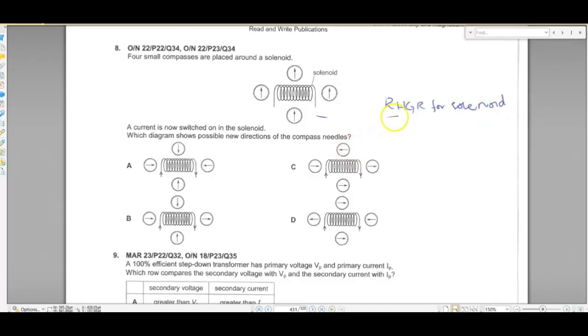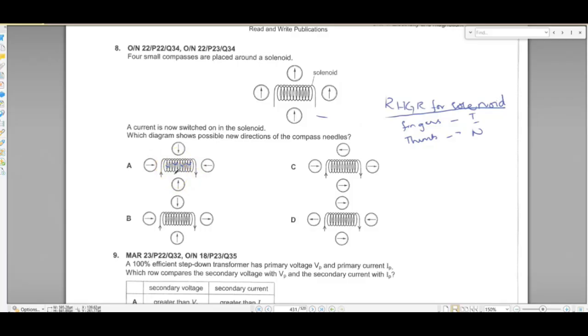Okay, in the right hand grip rule for a solenoid, the curling of the fingers gives us the direction of the current, and the thumb points towards the north pole. If we are looking at this figure, this means that the direction of the current is in this direction. So our fingers are going to curl towards us.